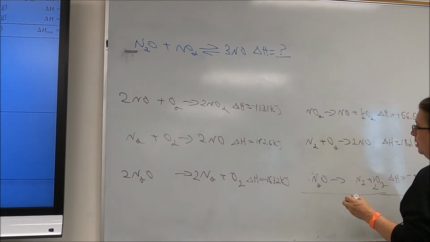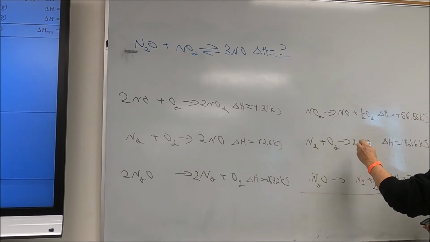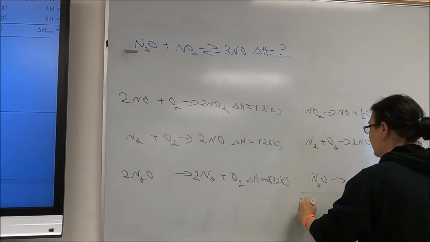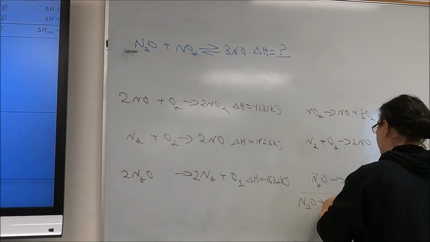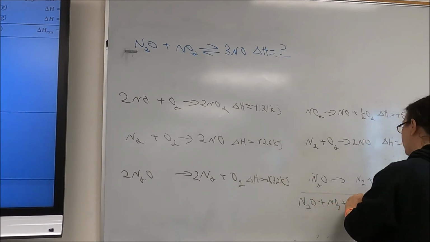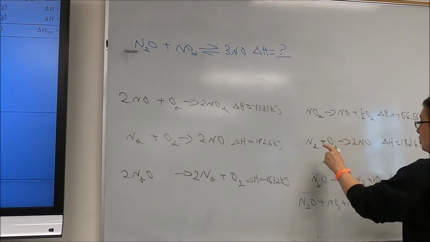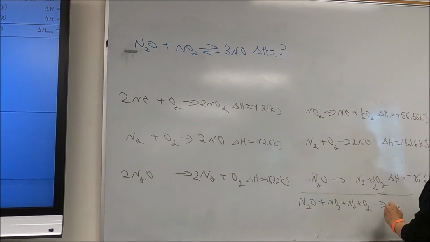So, let's see. I have an N2O plus an NO2 plus N2 plus O2 on the reactant side, going to 3 NOs plus a half an O2 plus an N2 plus a half an O2, so I've got one full O2 here. So let's look for things that are common.